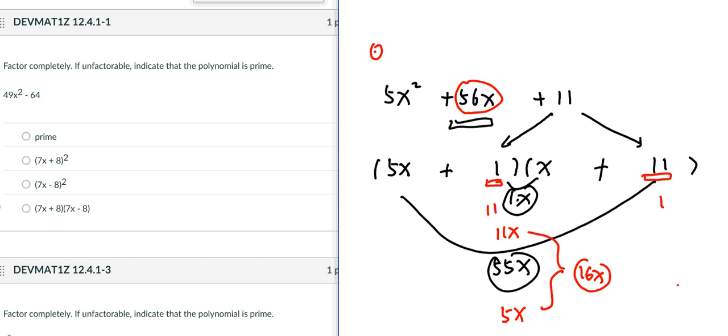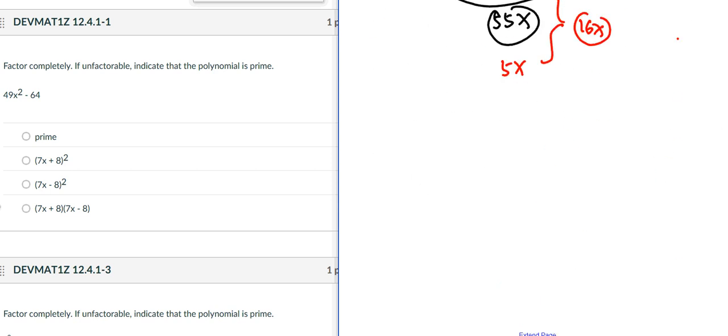Question 18. Now, let's do question 19. Question 19 is 49x squared minus 64. If you remember, 49 is 7 squared.